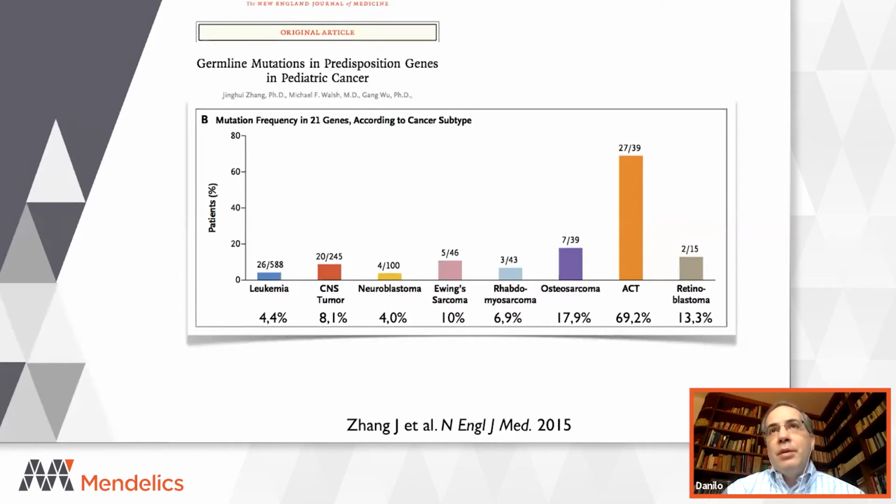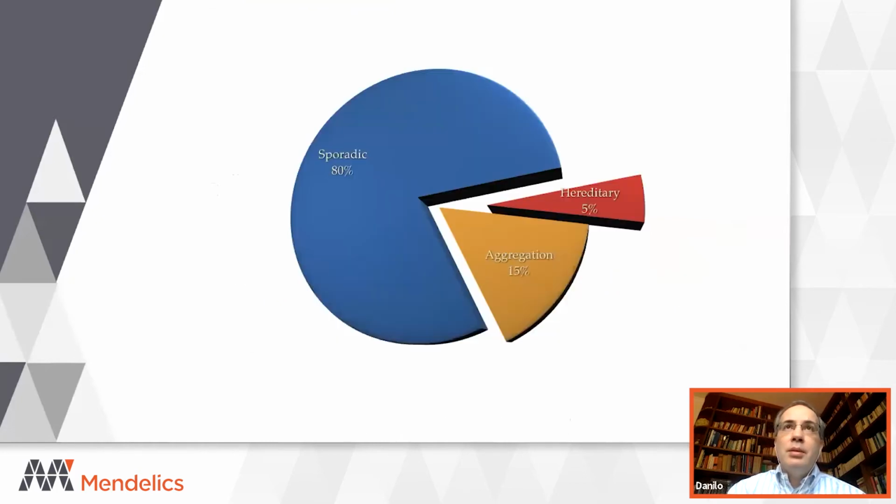Some tumors have a higher degree of correlation to hereditary cancer, such as adrenocortical carcinoma, and others have a lower proportion, such as neuroblastoma. But when you take all types of cancer, about 5 to 10% will be hereditary, and in about 15 to 20% we have cases with aggregation of cancer, but we can't find the cause yet, and 80% will be sporadic.